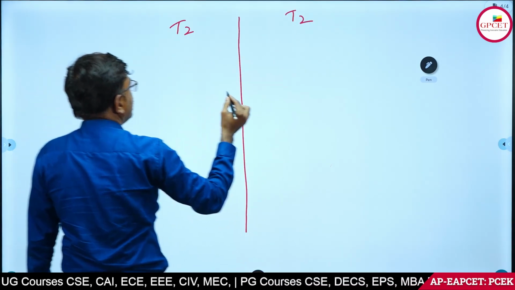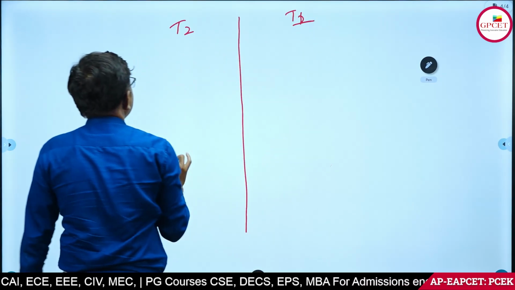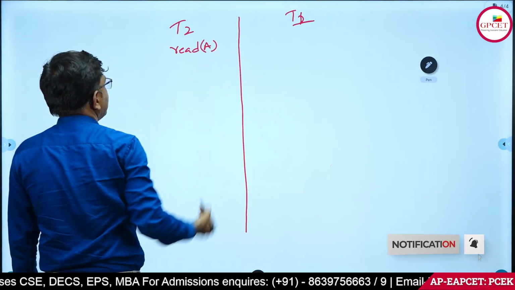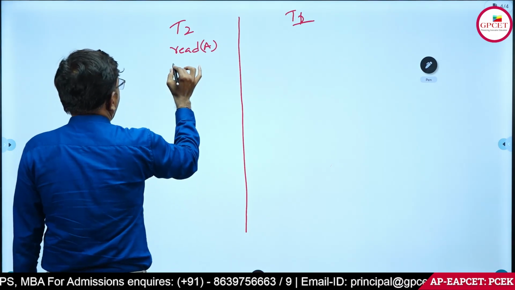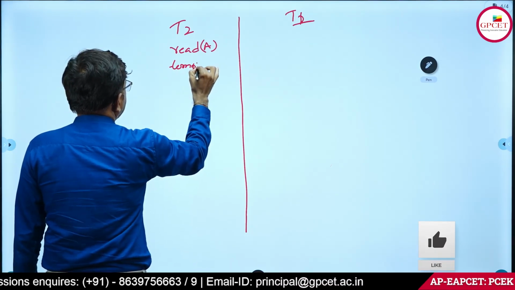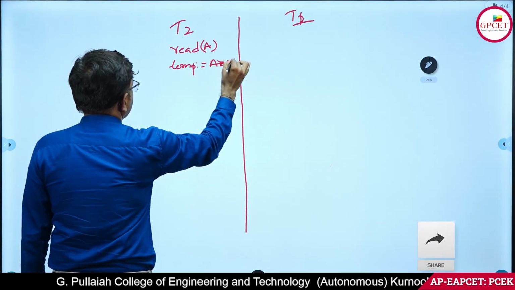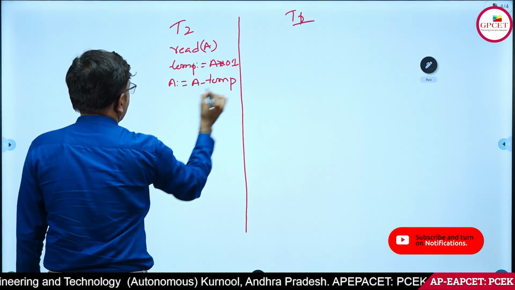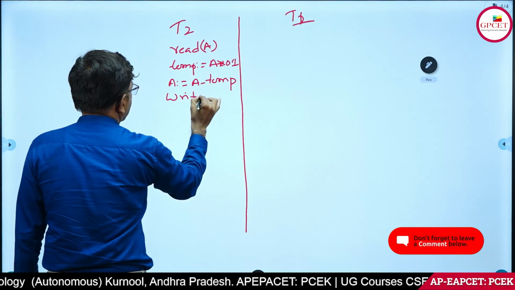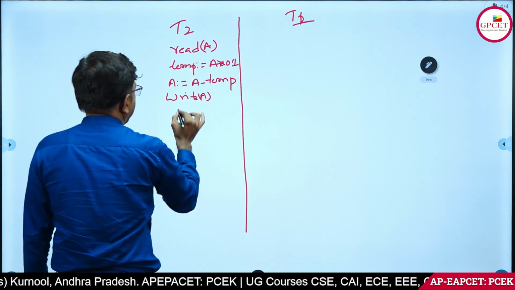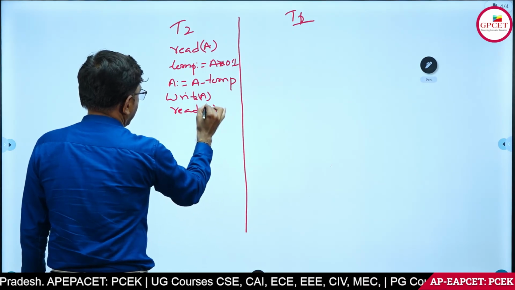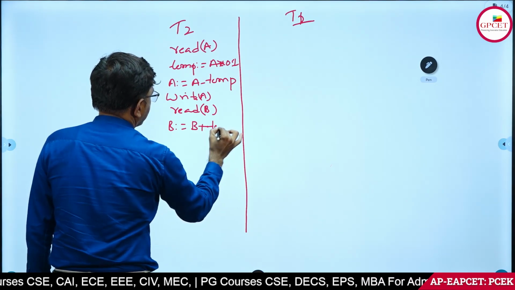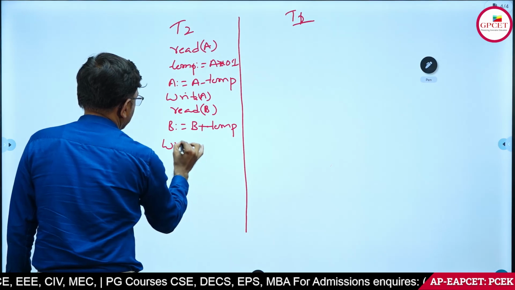Here transaction T2 first: read A. It transfers 10% of the balance from account A to account B. We use a temporary variable: temp equal to A into 0.1, then A equal to A minus temp, write A, read B, B equal to B plus temp, and write B.